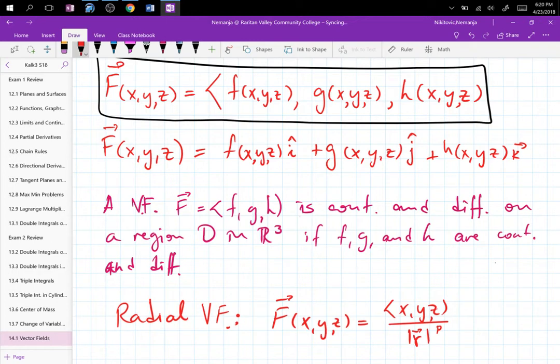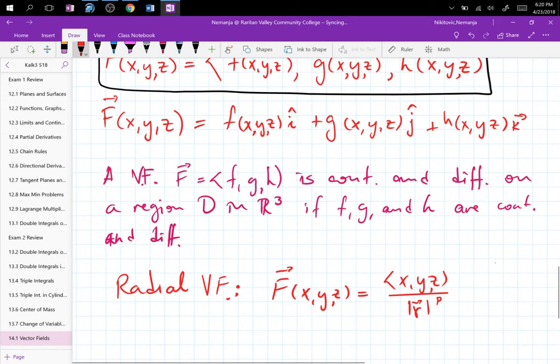I can put p. There we go. Yes, 15th try to put p there. Good. So now that's 3D.